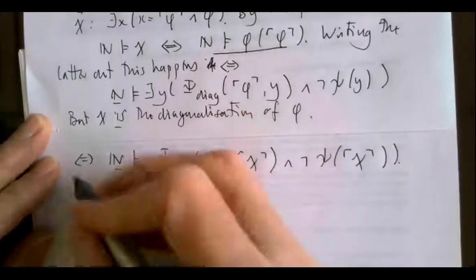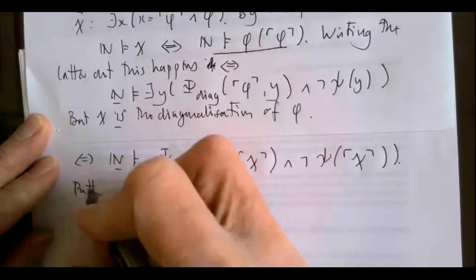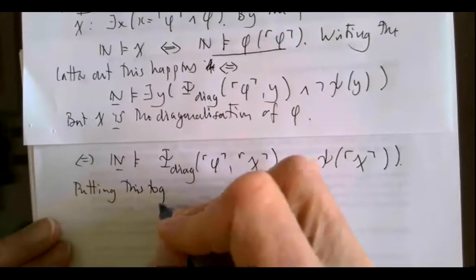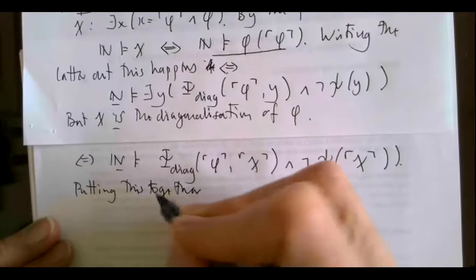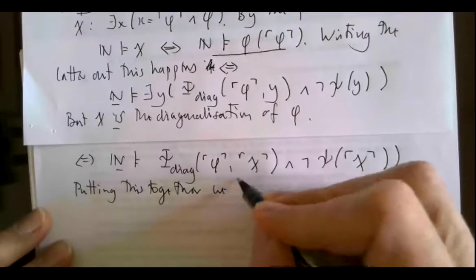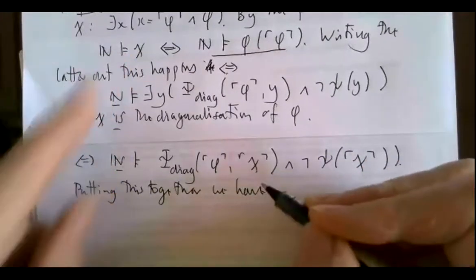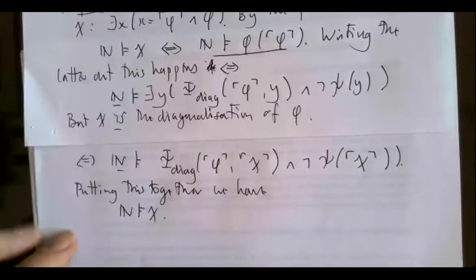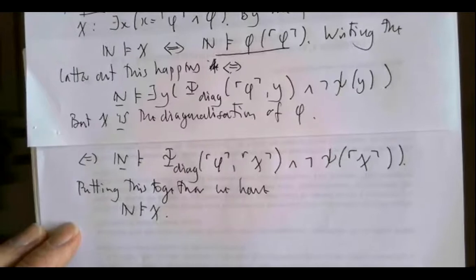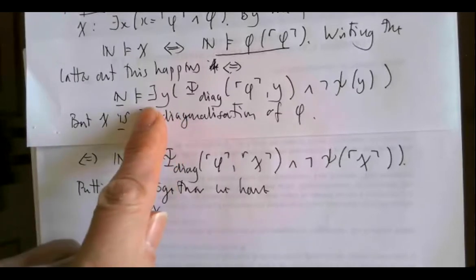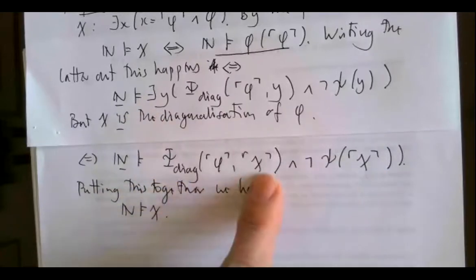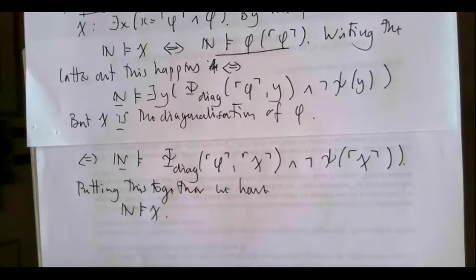So putting this together, we have: chi is true in N here if and only if, well, there is this, which we said was the same as this happening of chi. So chi actually is the diagonalization of phi.